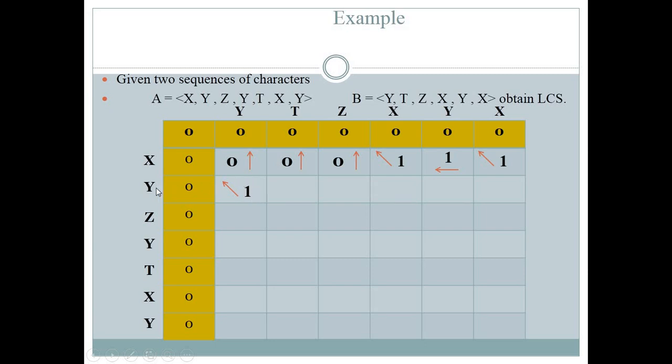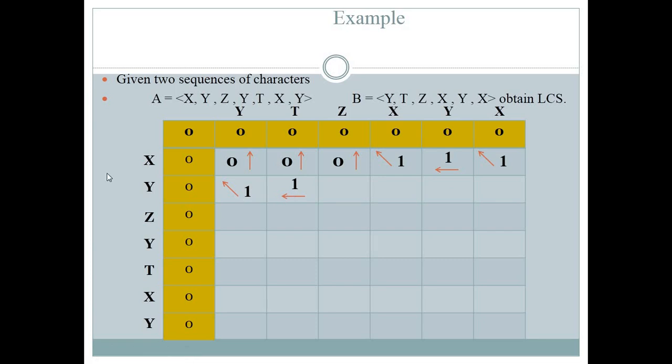Okay, after it we will check y with the t. So y and t are not matching. So in that case we will check its above value and its left hand side value. From the above and left hand side value, the left hand side value is more, or we can say maximum. So we will put 1 here and take reference from the left hand side.